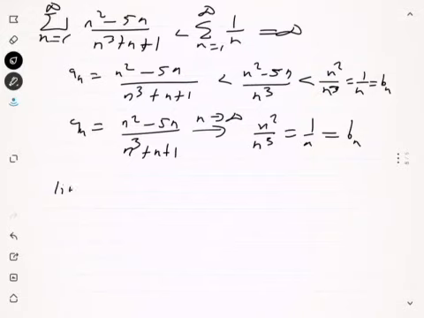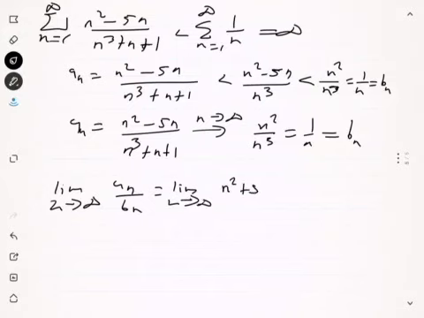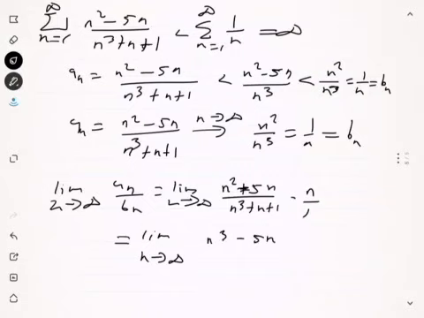If we take the limit as n approaches infinity of an over bn, this is the limit of (n^2 - 5n)/(n^3 + n + 1) times n/1. And this will be the limit of (n^3 - 5n^2)/(n^3 + n + 1). The limit is equal to 1, which is positive.